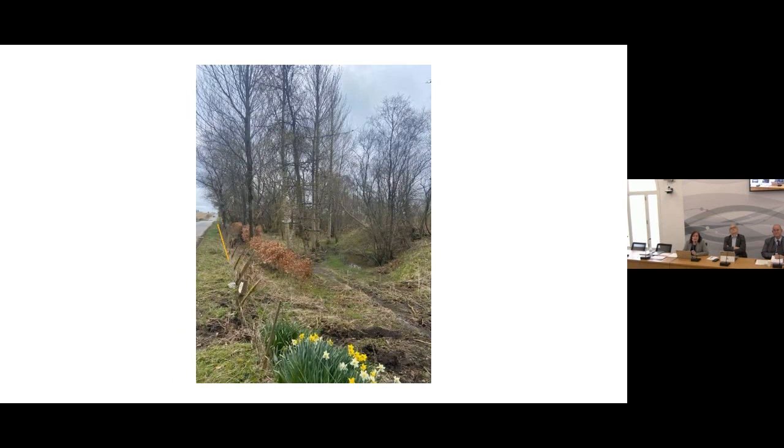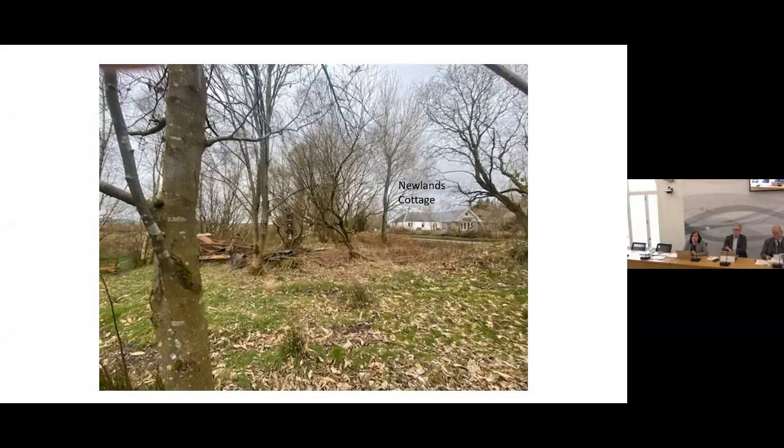And then again, as you look on this side of the road, you can see where the access would come into the site. But again, you can see the coverage that we have in terms of trees within the application site.